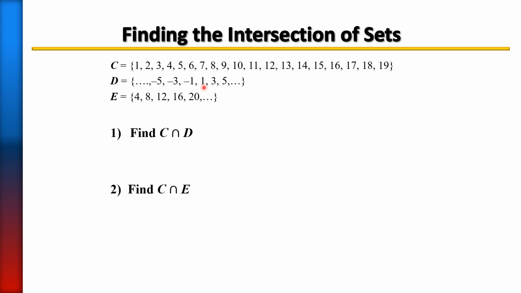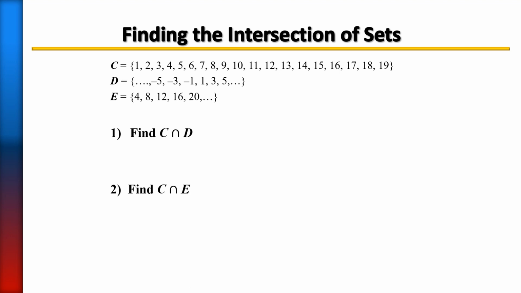So we would start with 1, and yes, they both share 1. 3, they both share 3. 5, and so forth. Because you have these ellipses here, it means that this goes to infinity. So what they would share in common would be only up to what C has, which is this 19. That would be the last number that they share in common.